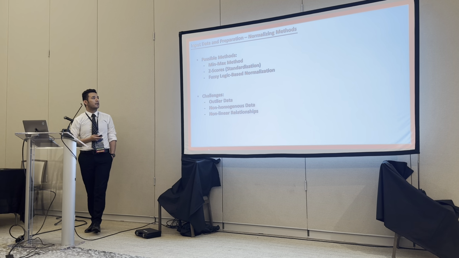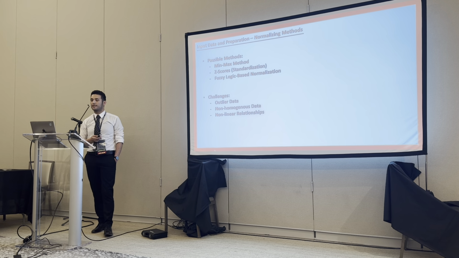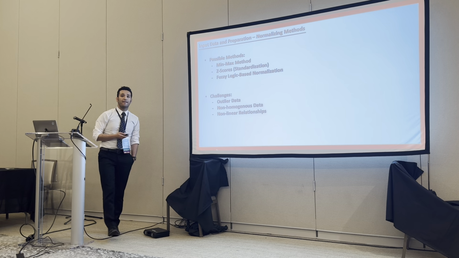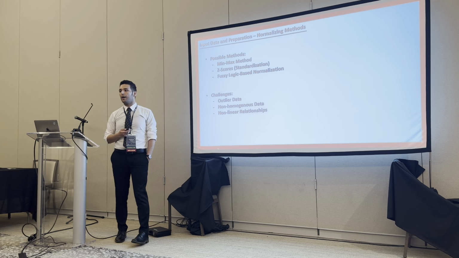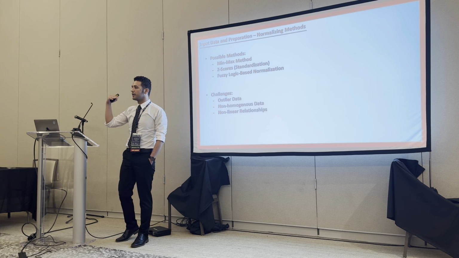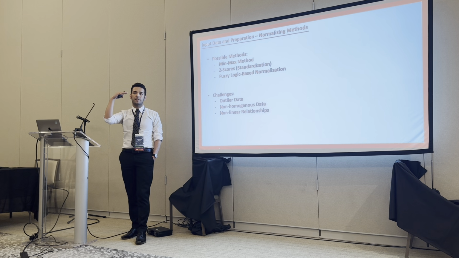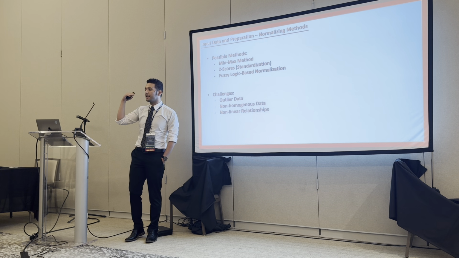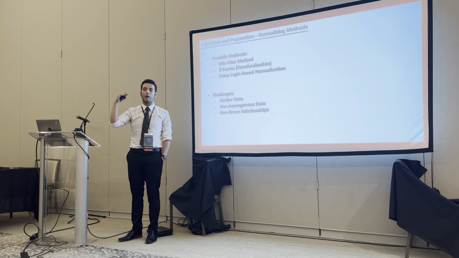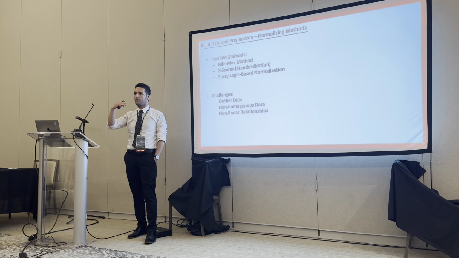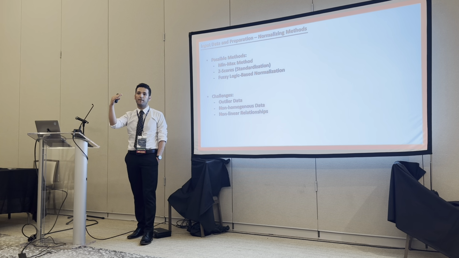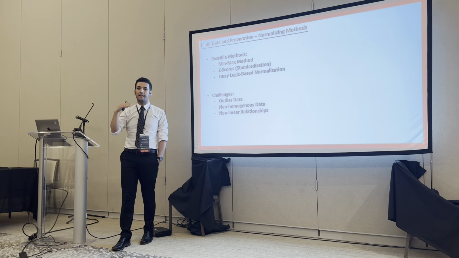What do I mean by non-linear relationships? Think of elevation data, for example. At lower elevation, let's say from 1 to 5 meters above sea level, when we increase the elevation by as low as 1 meter, like going from 4 to 5 meters, the vulnerability drops significantly.